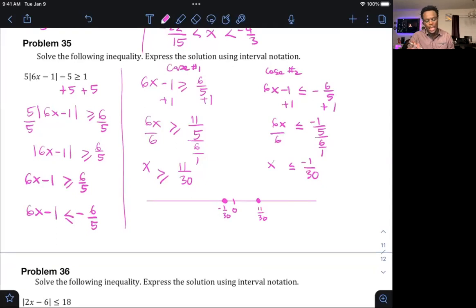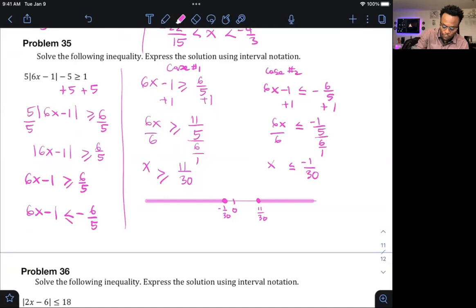And you know that x was smaller than negative 1/30. So that means the left side. So the left side will be what we shade for the solution here. And then x is greater than 11/30, so that'd be this side of the solution.